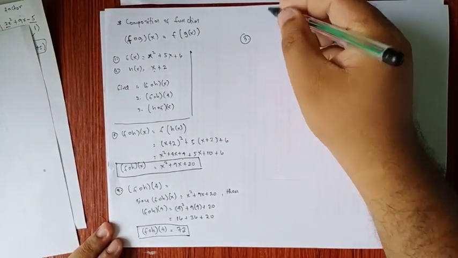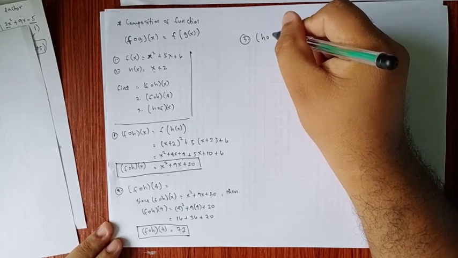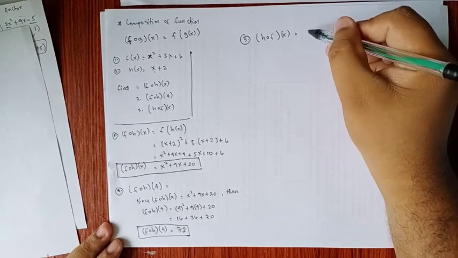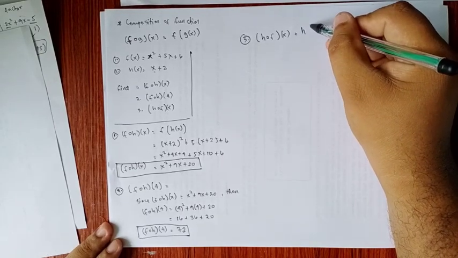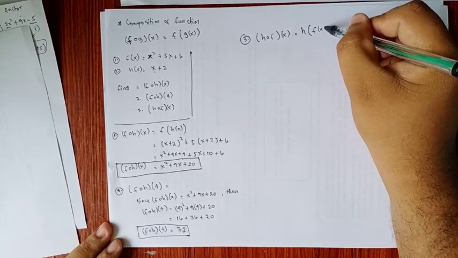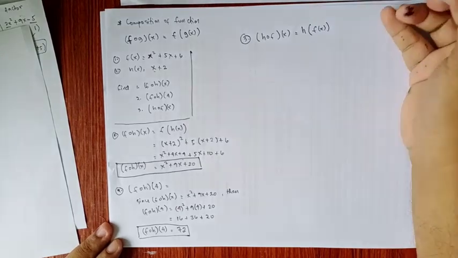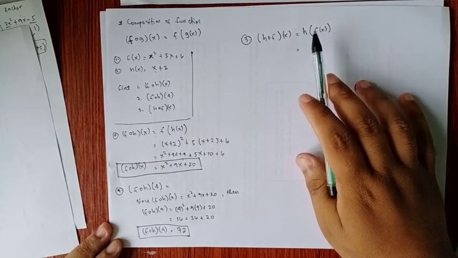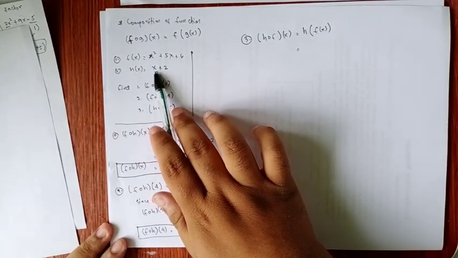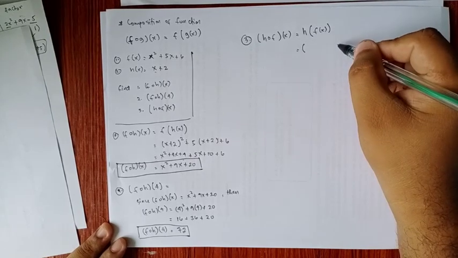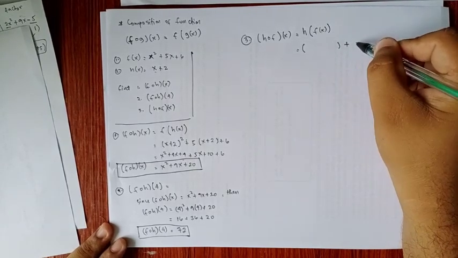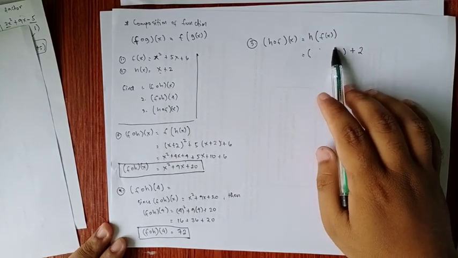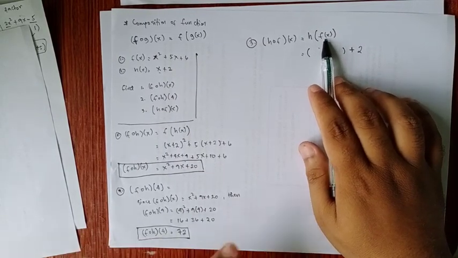Last example that we have, h circle f of x. So, by definition, that would be h of f of x. So, again, ano yung h of x natin dito? We have x plus 2. Ito, x plus 2. Pero, yung x natin sa h of x, papalitan ko lang siya kung ano yung f of x.